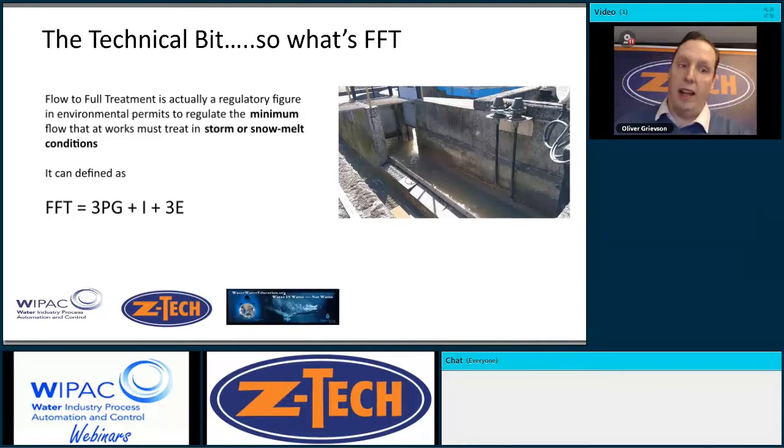Yes, there's the maintenance. But yes, instruments do drift. Yes, they're calibrated. But sometimes, yes, you could get a bit of meter error. Is it population growth? Is it infiltration? Is it a combination of pretty much everything? And that can be a real struggle, finding out what the root cause of any compliance problem is. And I know it's an issue that pretty much everyone has in the industry.